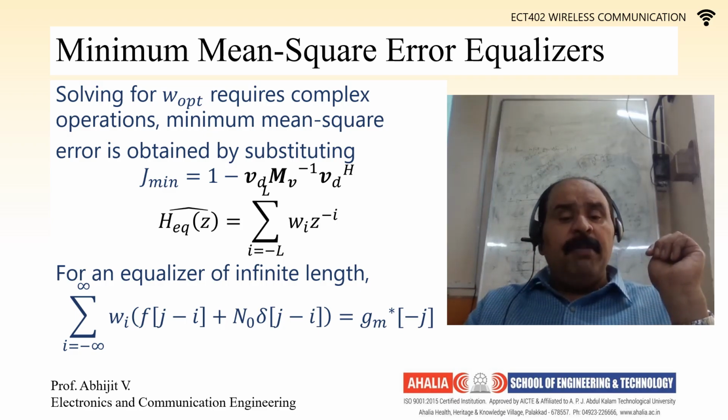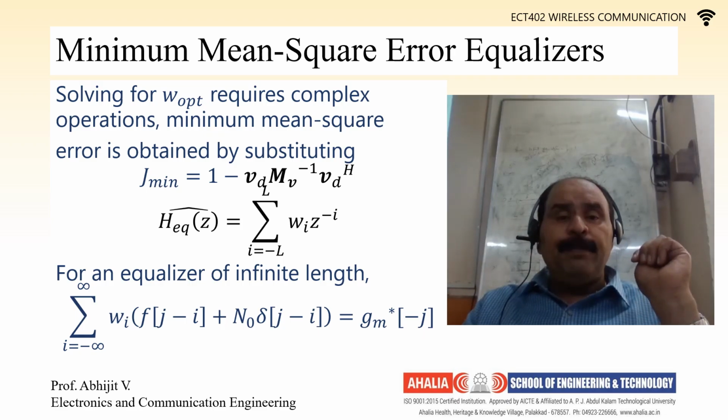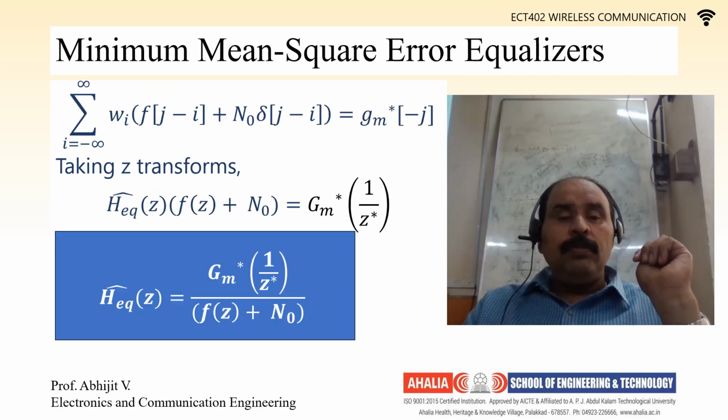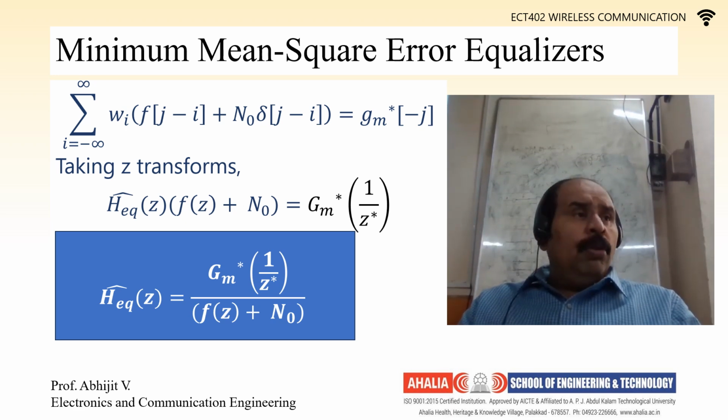The sum of Wi f of j minus i plus N0 into delta j minus i is equal to gm of j. So we'll take the Z transform of what we have done previously. Taking the Z transform, you will get Heq into f of z plus N0, which is equal to Gm of inverse of z conjugate.